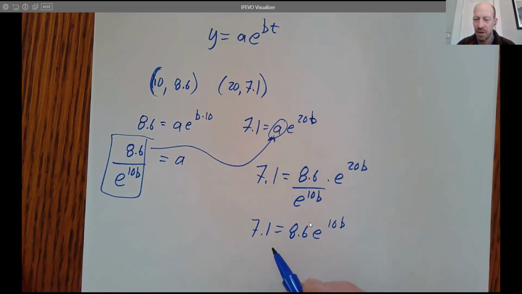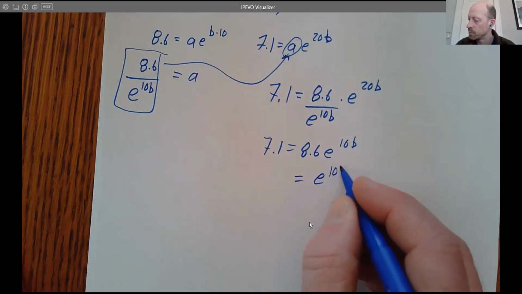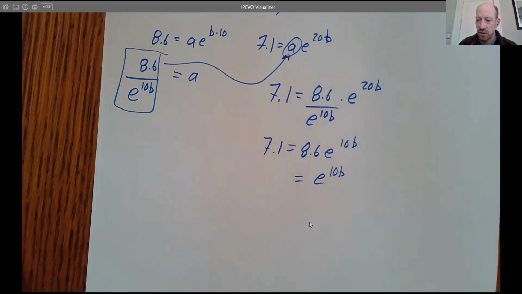Can divide that by 8.6. So 7.1 divided by 8.6. It's a calculator question for me, at least.